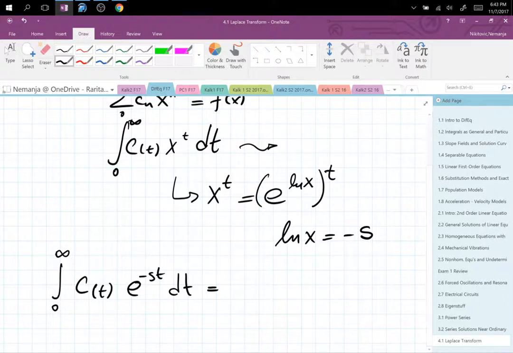When you integrate this, observe that the dt gets integrated out, because it's a definite integral. Improper, but definite. And all of the t's will die because you plug in 0 and infinity. What is the variable or parameter that survives? s. So we are going to get some other function, call it capital A, of s.